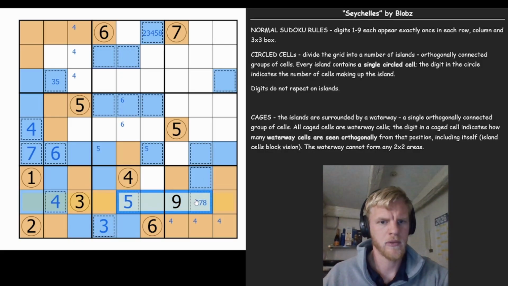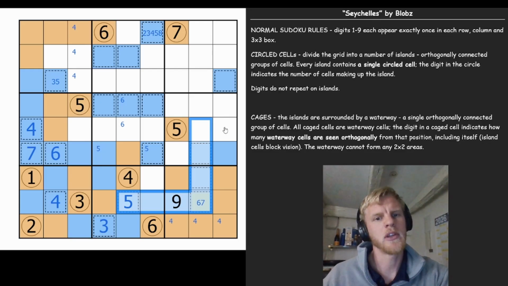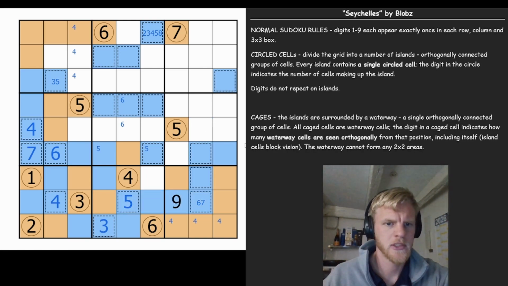1, 2, 3, 4, 5, 6. We can't have 8 because then this would be water. Can we have 7? 4, 5, 6, 7. This could be part of the 5. 7 still in game.